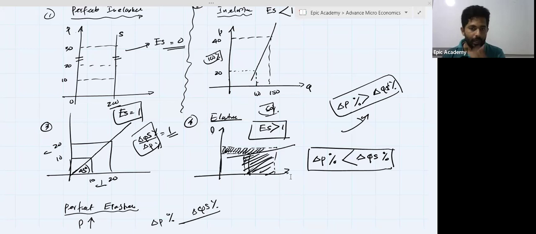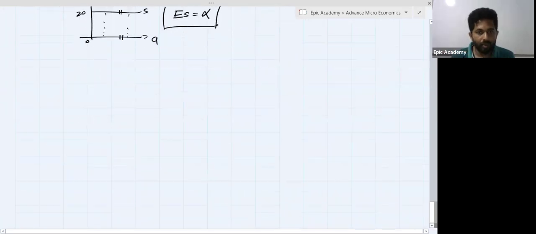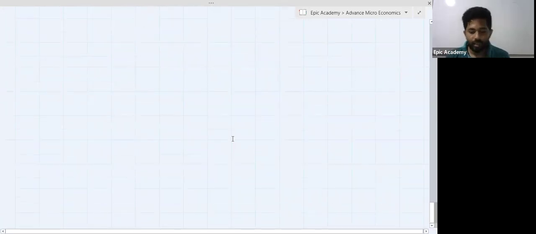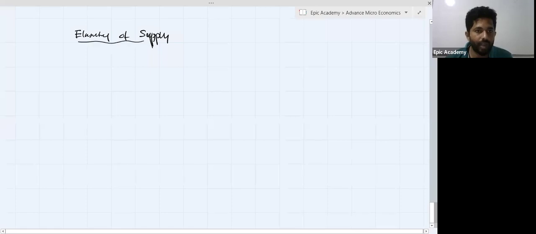Now we are going to discuss some important factors, that means the factors that affect the elasticity of supply. What are the factors that affect the elasticity of supply?